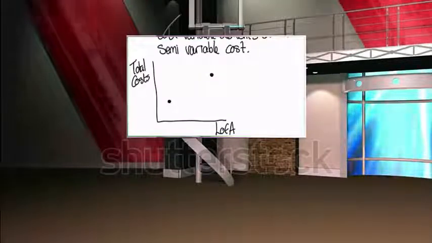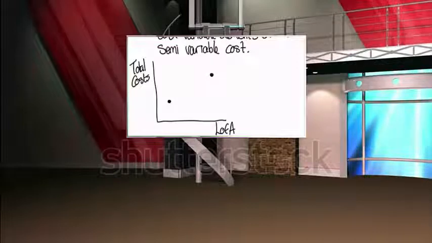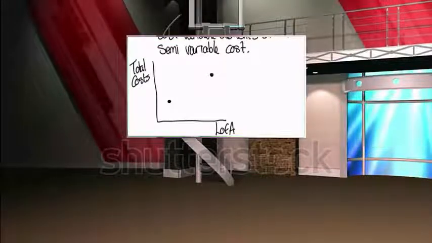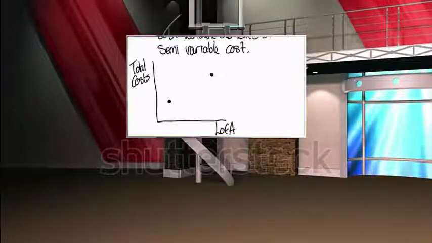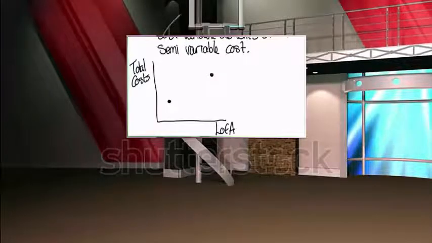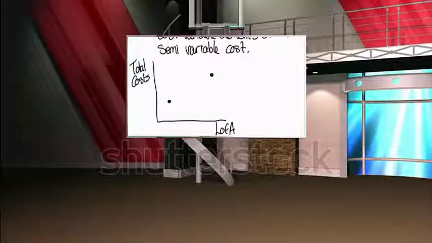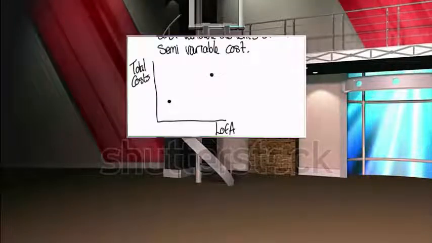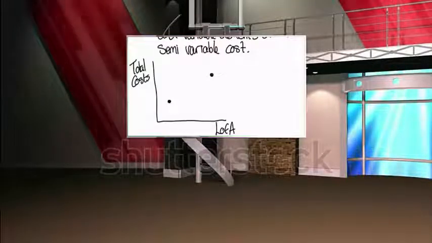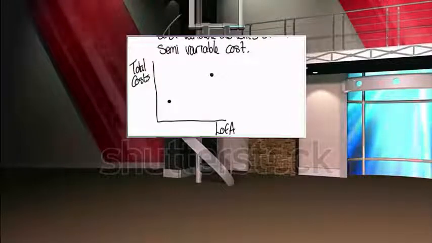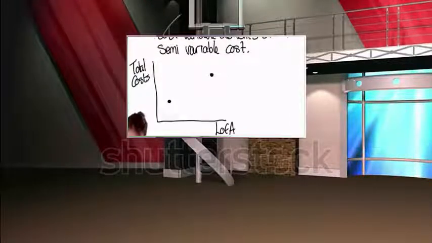When we are using the high-low method, we assume a linear relationship between total cost and level of activity. Which means if we have these two data points, then we can use them to calculate the line between the two.